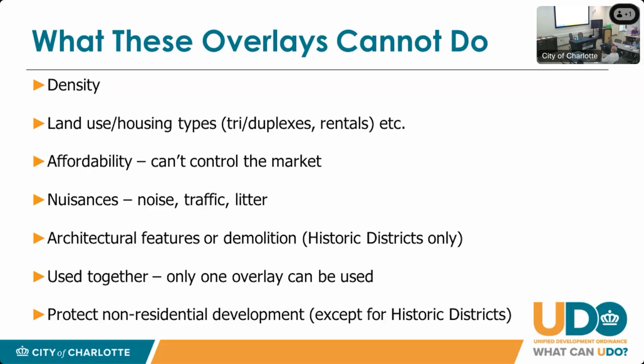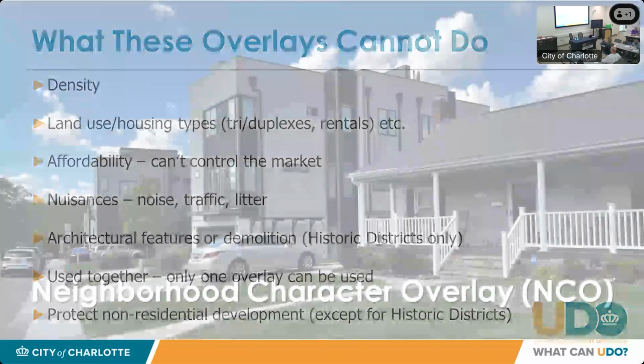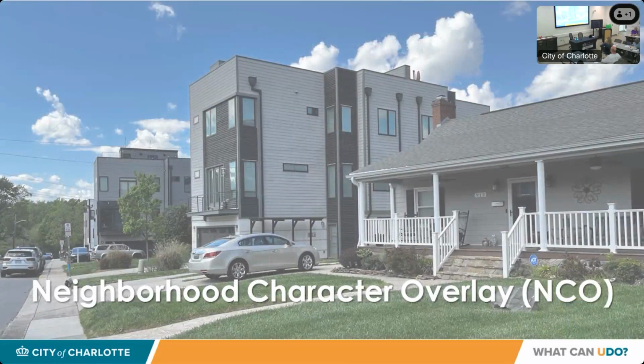All overlays are created through the rezoning process and are formally adopted via city council vote. The process for putting each in place is different and requires varying levels of community approval and participation. In Charlotte, there are 4 different overlay options: the neighborhood character overlay, the residential infill overlay, and 2 historic district overlays.